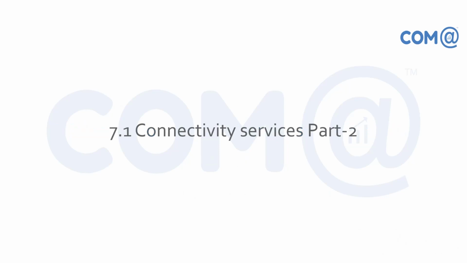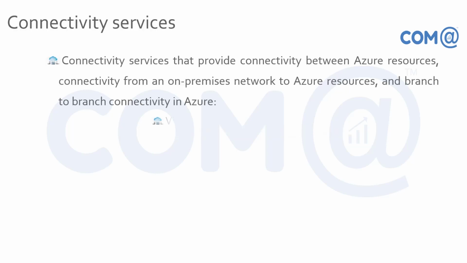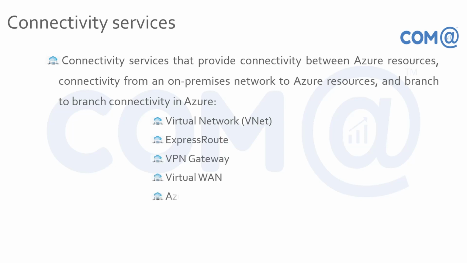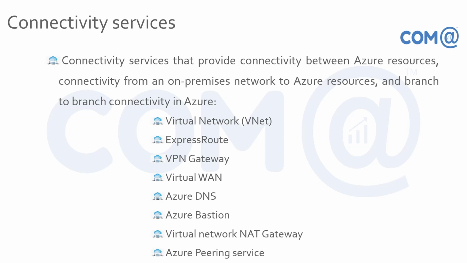In this video, we'll be discussing the connectivity services part 2. In part 1, we have already discussed the connectivity services that provide connectivity between Azure resources, connectivity from an on-premises network to Azure resources, and branch-to-branch connectivity in Azure.